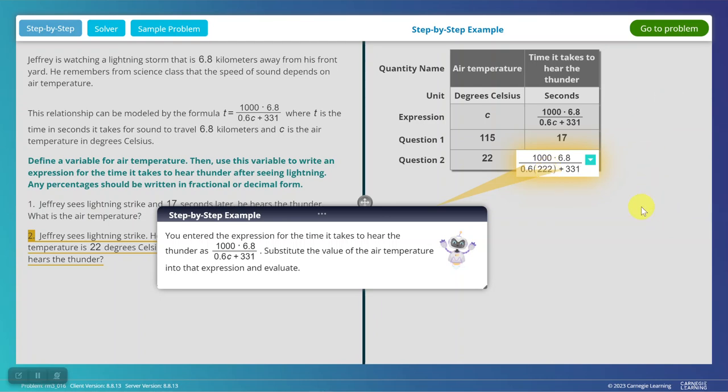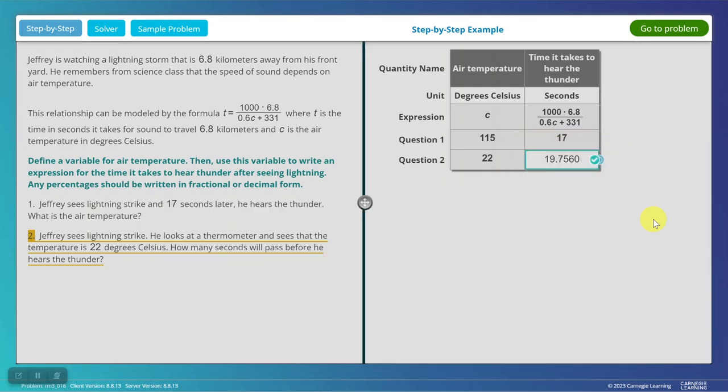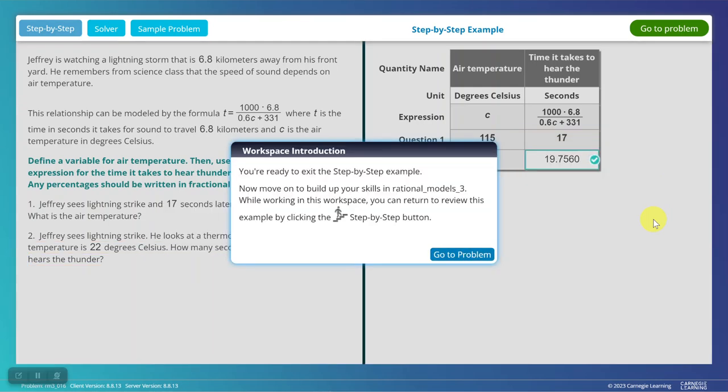So I'm plugging, oops, I put in 222. That's not going to work. Let's go back and fix that. Okay, and it calculates for me. So this is very similar to the other one that we were doing. I don't think I'll do a second problem for this one.